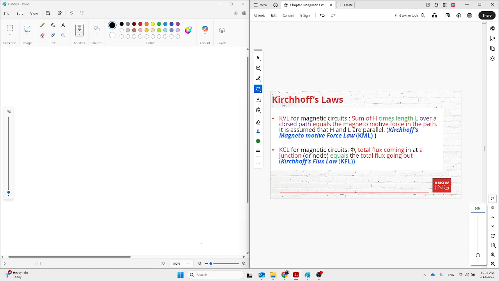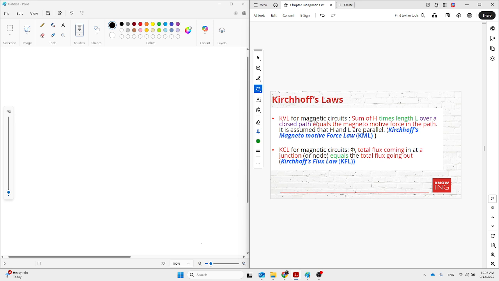So for the electrical circuit, we have Kirchhoff's law. You are familiar with the meaning of KVL and KCL, correct? In the magnetic circuit, also the same things. We can use Kirchhoff's law.